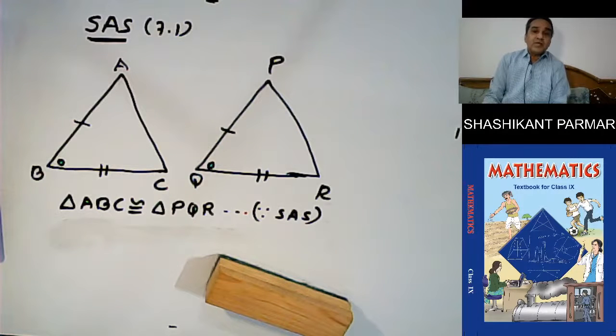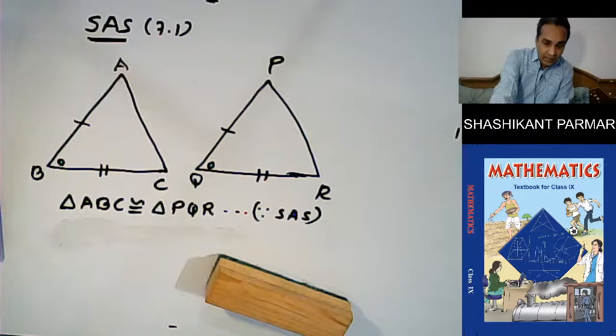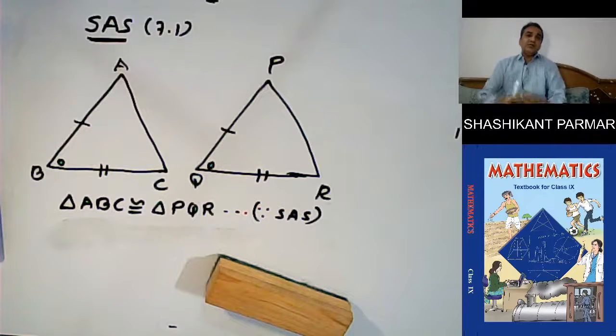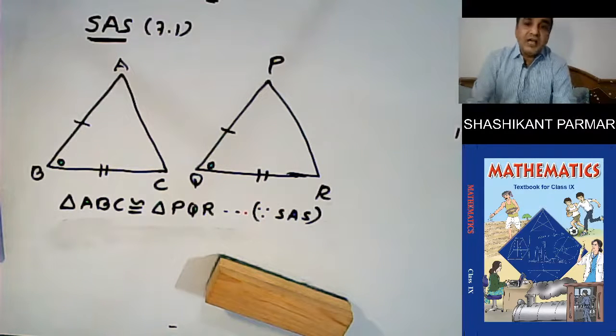Here two angles are equal and we take the included side in between these two angles. See here, see this figure. Triangle ABC and triangle PQR. So angle B 60 degrees, angle Q 60 degrees, angle C 45 degrees, angle R 45 degrees, and side BC.